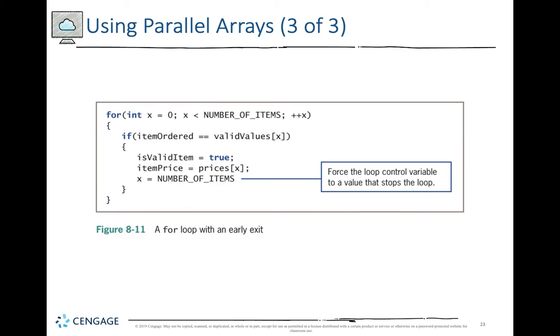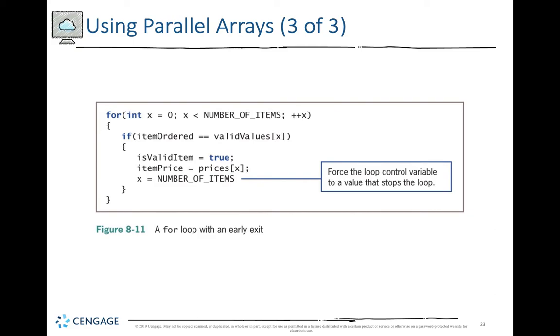And then we're saying x now equals the number of items. Well, what does that do? That immediately forces our loop to go to the end, right? Because if the number of items is 10 and we start at 0, the loop will automatically exit, right? Because it's going to just jump out of that for loop.